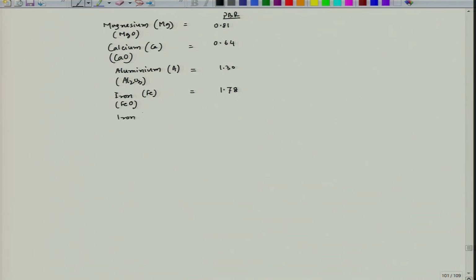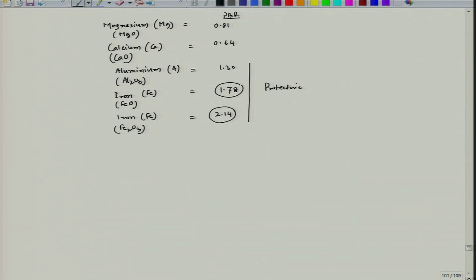When this is iron, but the oxide is Fe2O3, then PBr would be 2.14. So, these are the oxides which are protective, and if you see one factor, in case of FeO it is 1.78, but for Fe2O3 it is 2.14, which is a little more, but Fe2O3 is very much protective against further oxidation of iron.